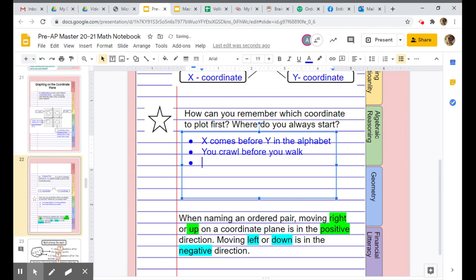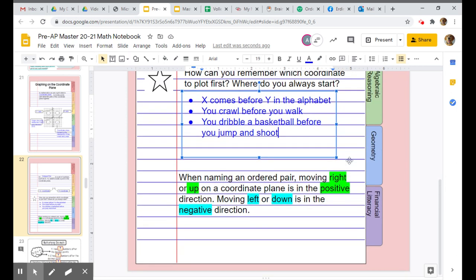And then another one is that you dribble a basketball before you jump up and shoot. So you dribble to the hoop before you jump up and shoot. So these are just a couple ways for you guys to remember that the x coordinate always goes before the y coordinate.